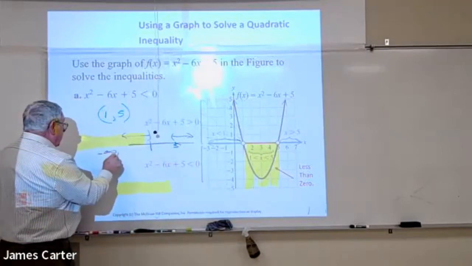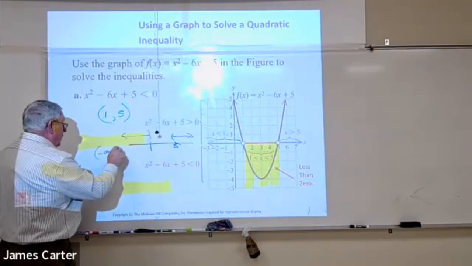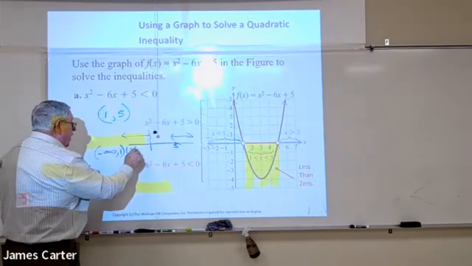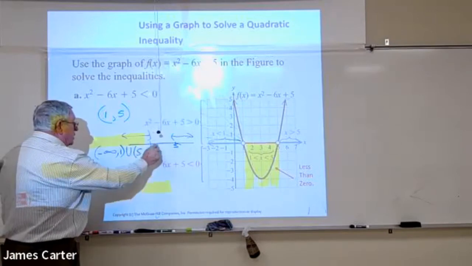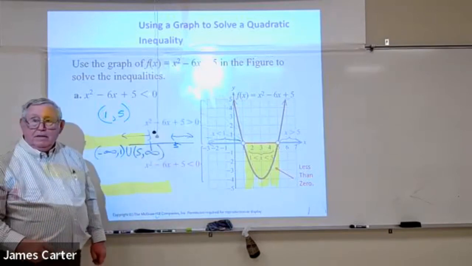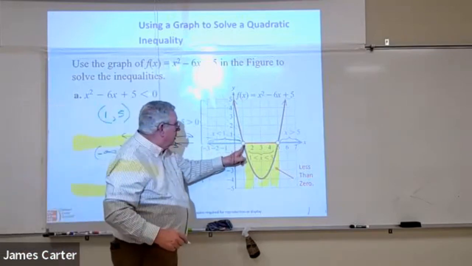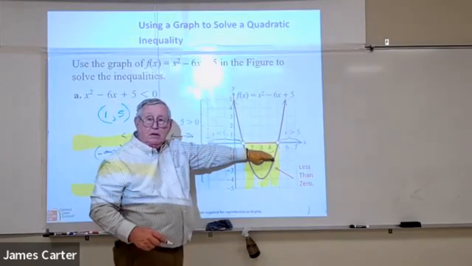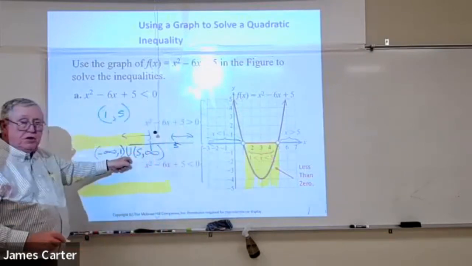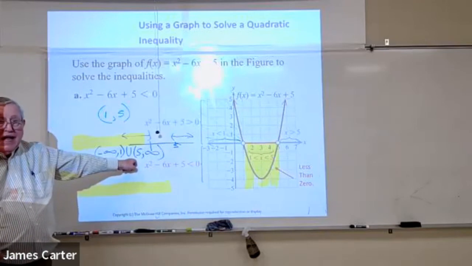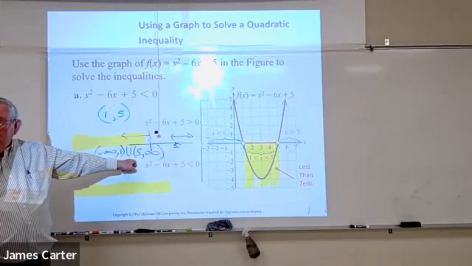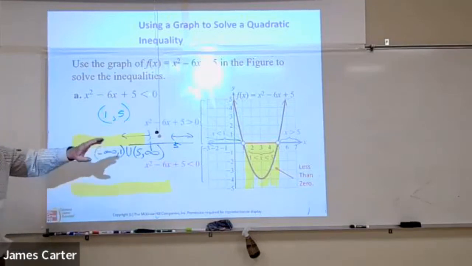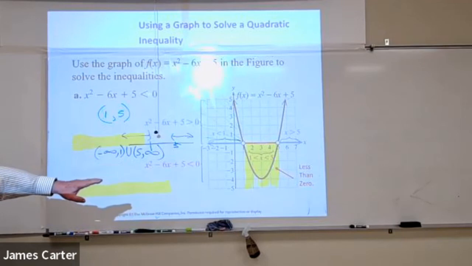Negative infinity to 1, union with 5 to positive infinity. I've got a gap from here to here that's not above the line. When you put a union symbol, that always means I got a gap. Okay? So you hopefully start to understand what this is doing.